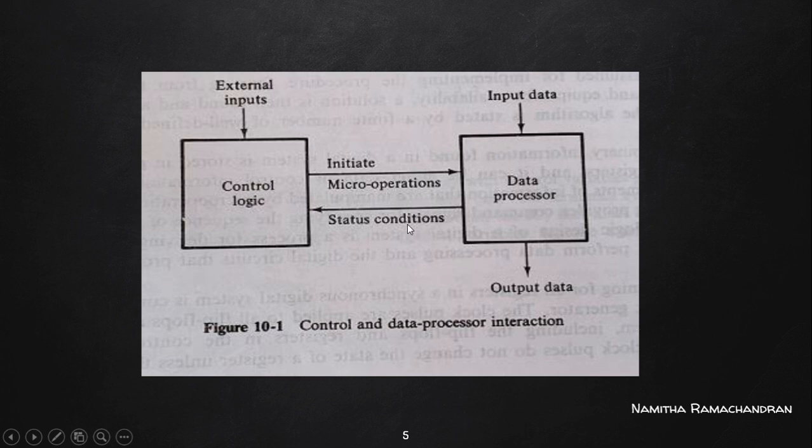And also it parallelly generates certain status information. That status condition are passed back to the control logic, so that control logic can update the condition code flag values based on the updated status information provided by the data processor. Okay, so this particular diagram shows the interaction between control logic and processor.